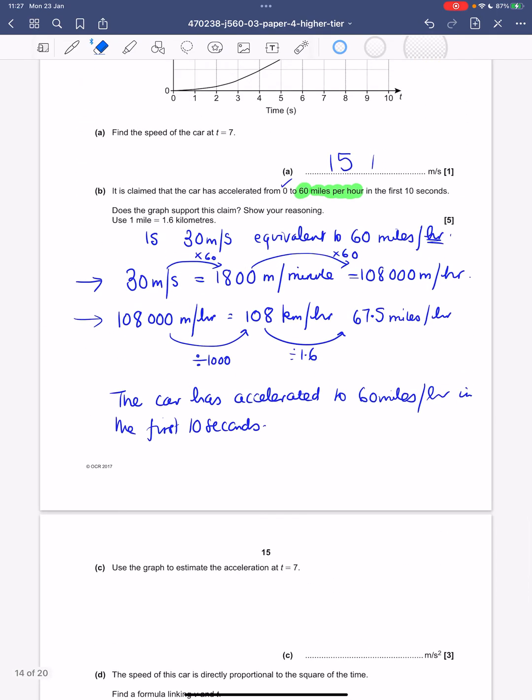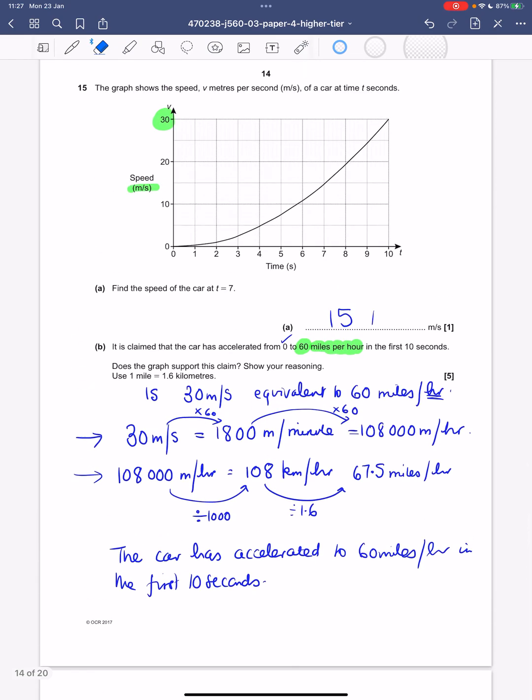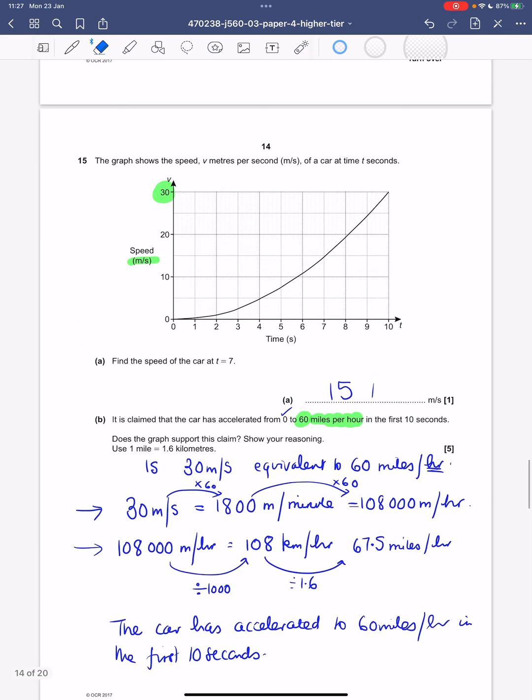Use the graph to estimate the acceleration at t equals 7. Now, the acceleration at t equals 7, the acceleration is the rate of change of the velocity with respect to time.